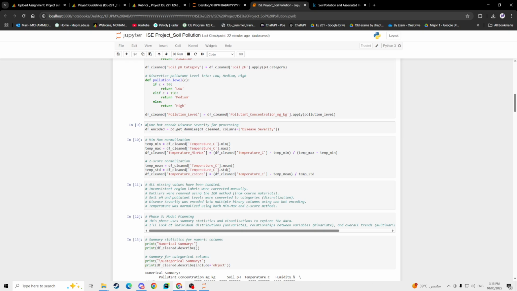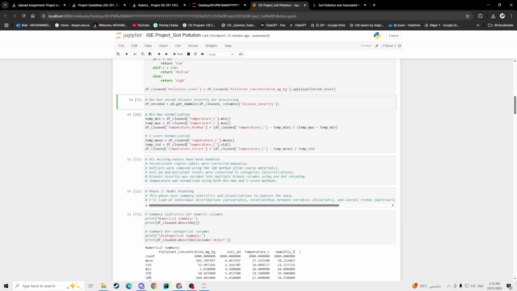Finishing off phase 2 of the project, I implemented one-hot encoding and turned the disease severity data in this dataset from categorical into numerical data, and this was implemented in order to use this data to draw and plot graphs that will be presented shortly.